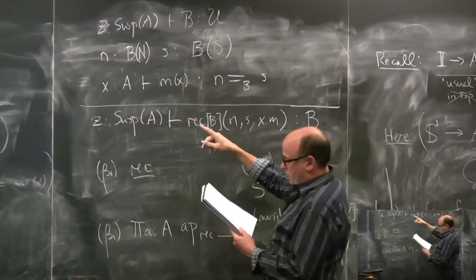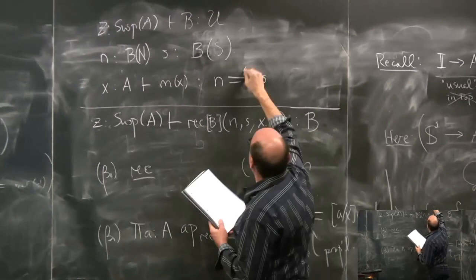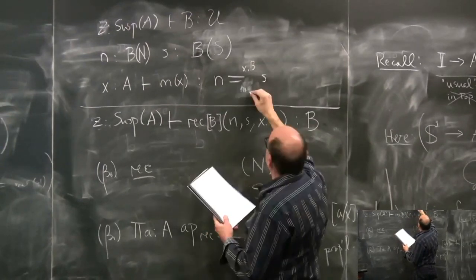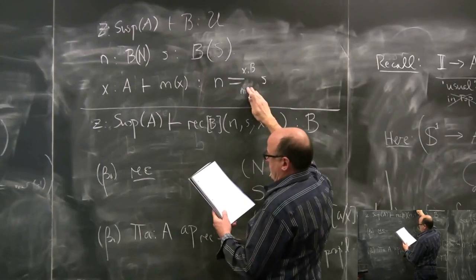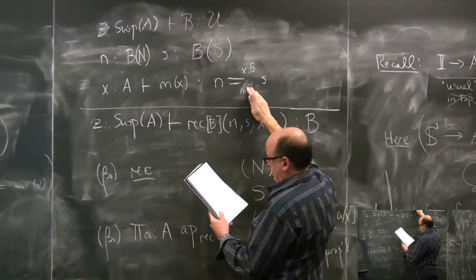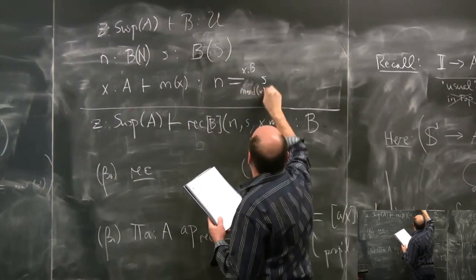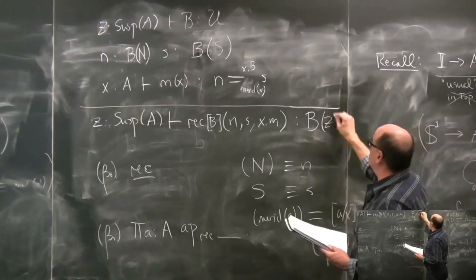Well, we have to have a proof that N is equal to S, but now we have to preserve the meridian at X. It has to be preserved by the meridian at X. So it's the same argument we did before, and then this will hold for B of Z.